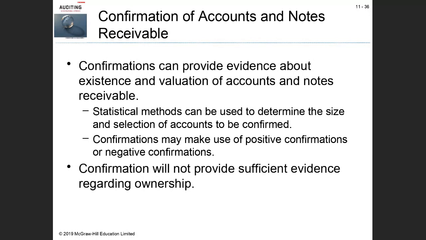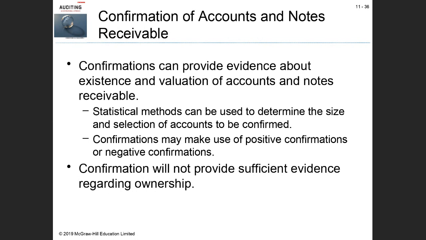That's very efficient. On the other hand, if there are 100 accounts or 1,000 accounts, you don't have to send a confirmation letter to every account. You will look at the detailed accounts receivable and make a selection, either judgmentally or statistically. If there are 1,000 customers that make up the $100 million, you use a statistical method to make a selection.